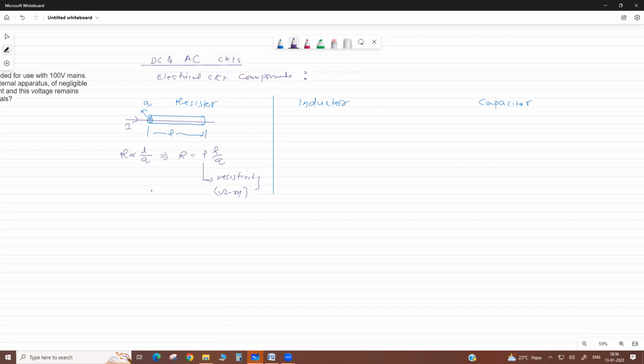The inverse of resistivity is called conductivity. Its symbol is sigma. What is the unit of conductivity? It is known as Siemens. Okay.